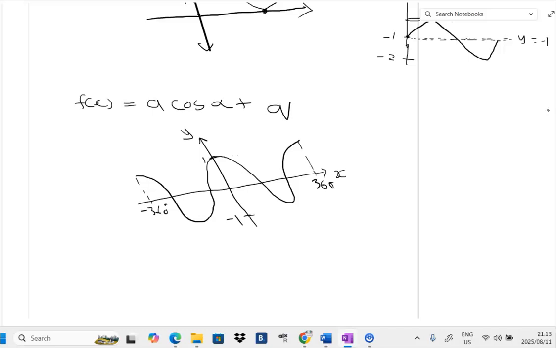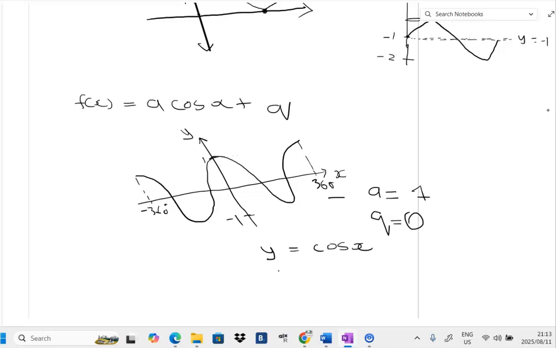On this function, the amplitude is going to be 1 and there's no vertical shift, it is not shifted in the y-axis, so the vertical shift is 0. So you're having a function y is equal to the cosine of x, right?